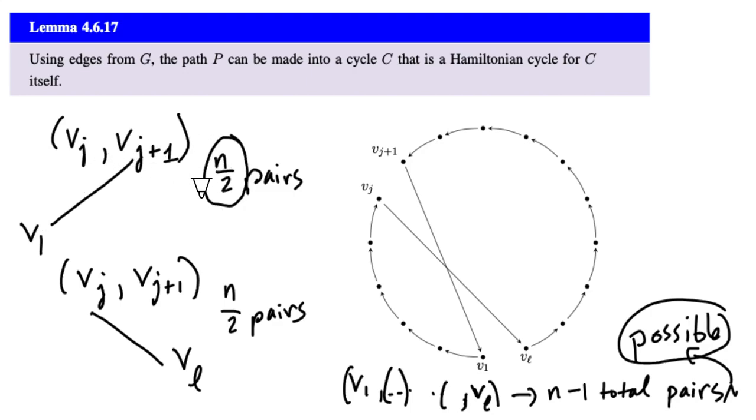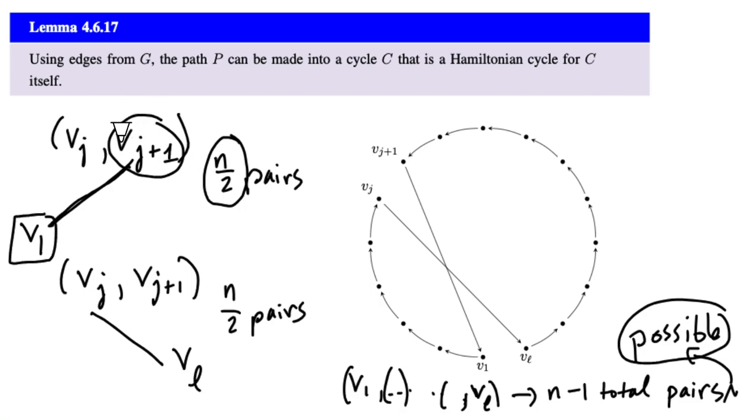And we know all of them are actually in this list. Okay, so we know n over 2, and we also know that they don't include V1 because there's no self loops. So they have to be like second positions, right? So like a second position. So there's actually n over 2 pairs such that the second position is going to be adjacent to V1.